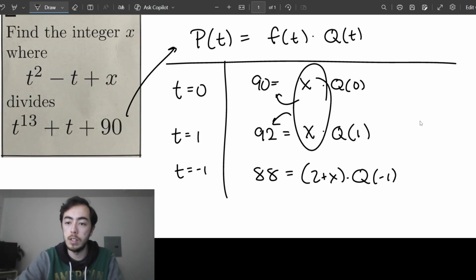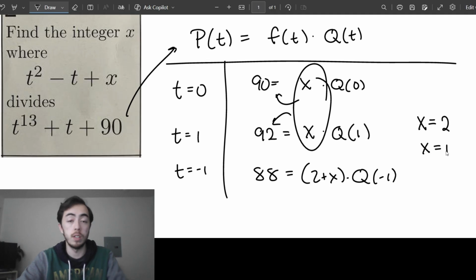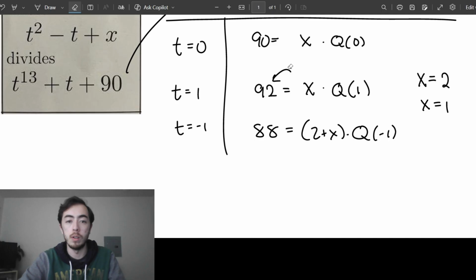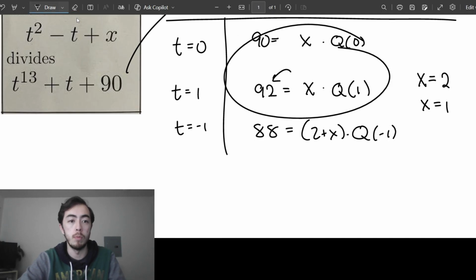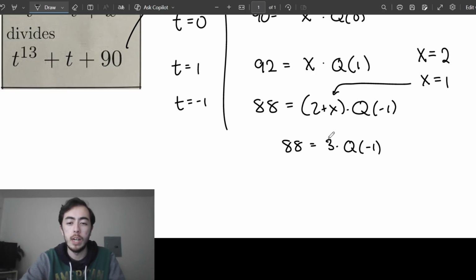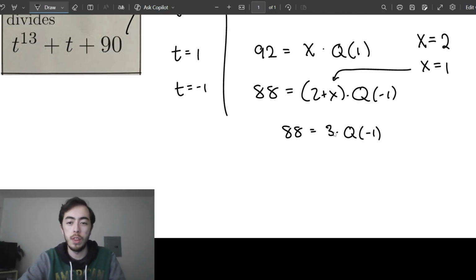And let's take a look at what it might mean if x were 2 or 1, because those were the only two possible candidate numbers from our divisibility checks from above. If we try plugging in x equals 1 right here, we get 88 equals 3 times q of -1. Now, this isn't going to work. 3 is not a factor of 88.